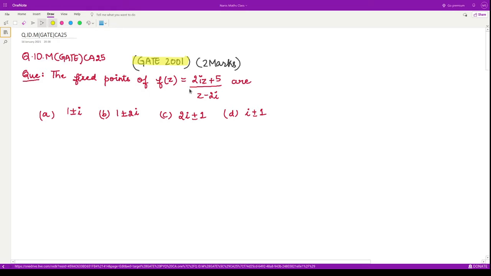For finding out the fixed points, you should first know what the fixed points of any function are.